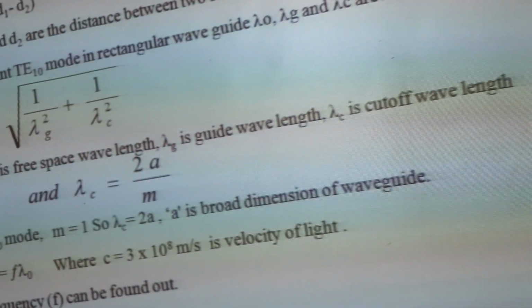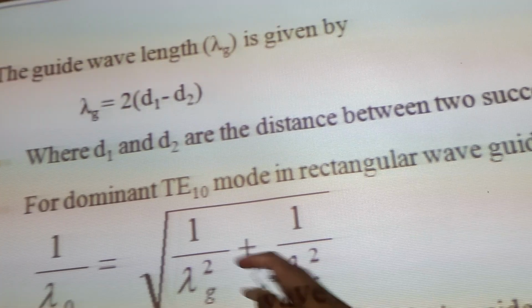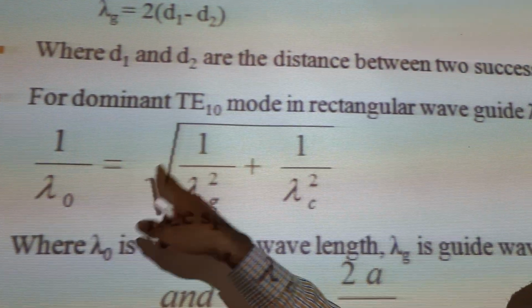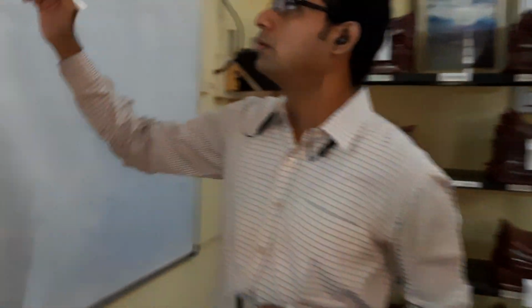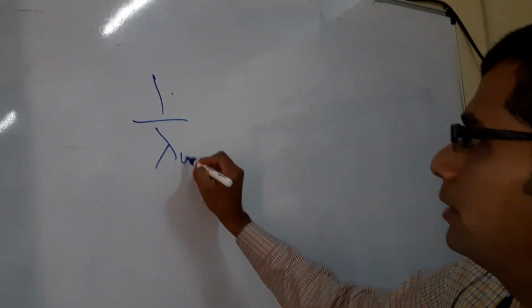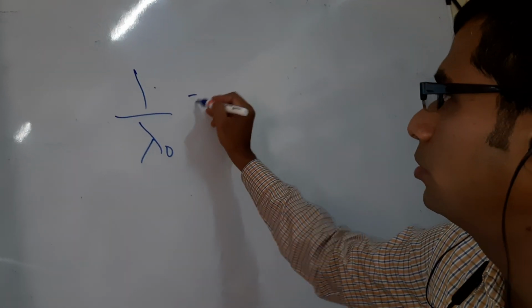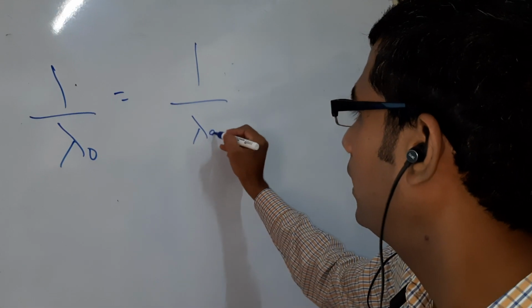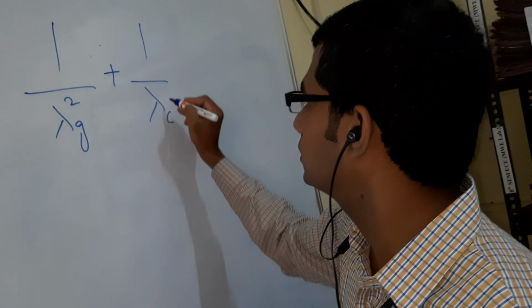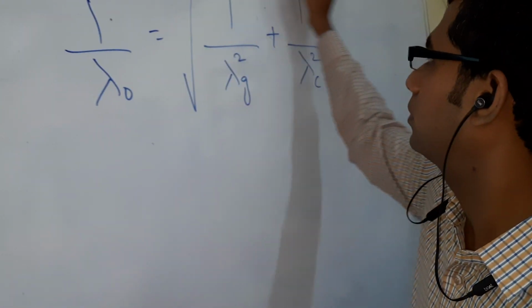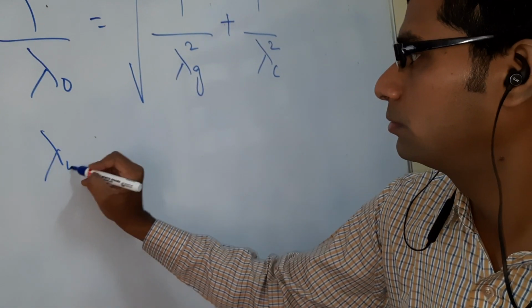This formula for TE10 mode: 1 by lambda 0 equals root over of 1 by lambda g square plus 1 by lambda c square. So let us discuss what that is. What is lambda 0?